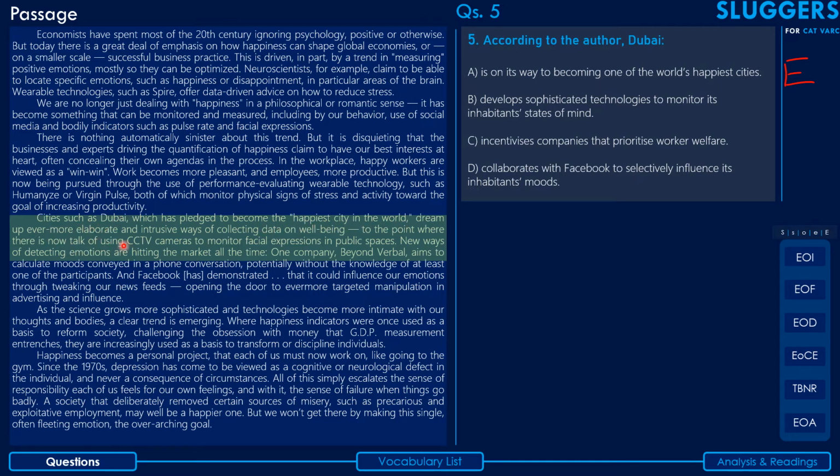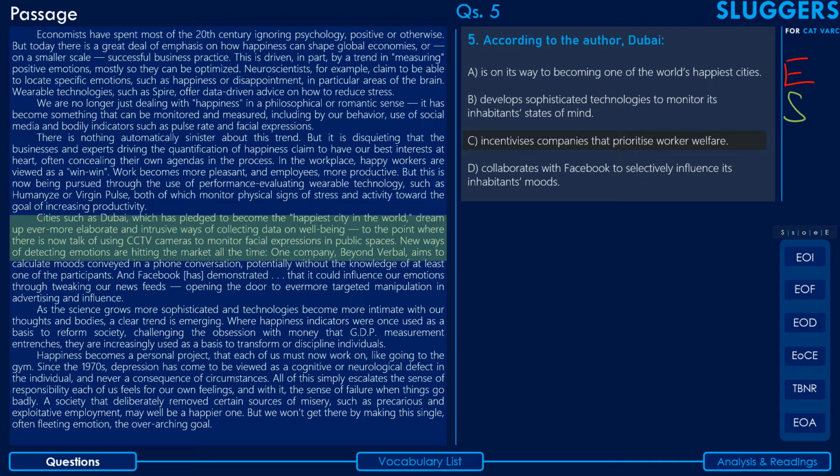These cities dream of ever more elaborate and intrusive ways of collecting data on well-being, to the point where there is now talk of CCTV cameras to monitor facial expressions in public spaces. See, this is the exemplification of this idea, developing sophisticated technologies to monitor its inhabitants' states of mind. So yes, talk of using CCTV cameras to monitor facial expressions in public spaces. So this is totally called for, and this can be the answer.